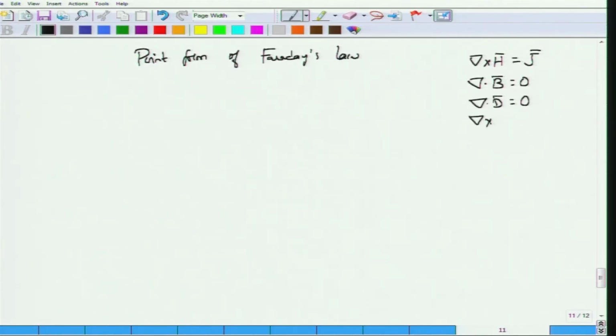We also have del cross E is equal to 0, right. We had del cross E equal to 0 because this was for the electrostatic case. However, we have seen several cases where del cross E equal to 0 may not exactly be true, and this is one of the cases where it is not true.